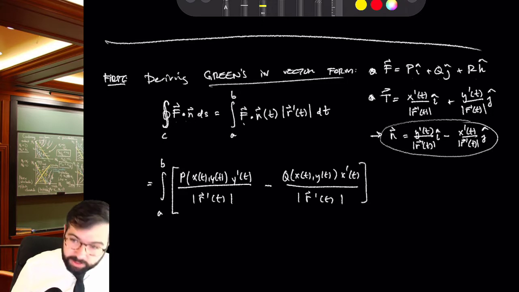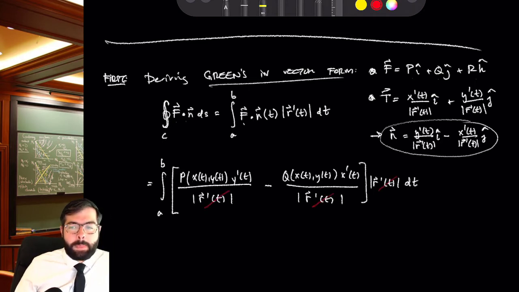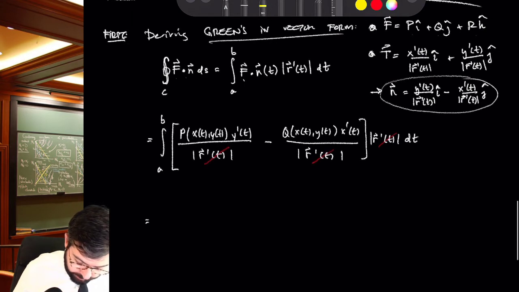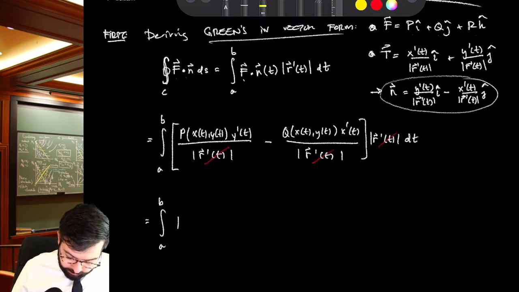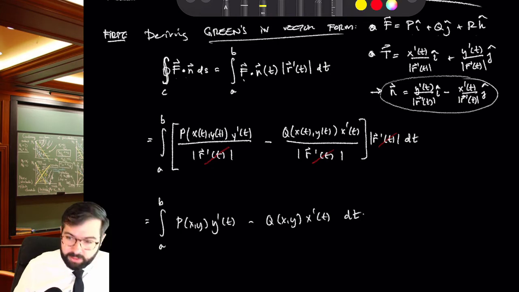The reason that's nice is because we're multiplying by the magnitude of r prime, so these things cancel. So it does get a little bit nicer. So then I've got p of xy times y prime of t minus q of xy times x prime of t, all dt.